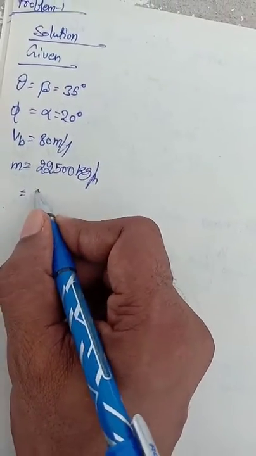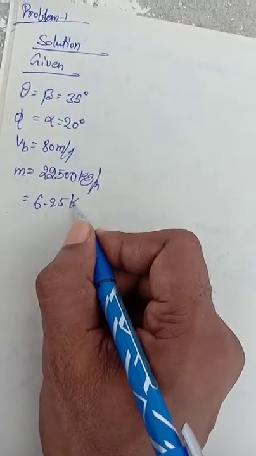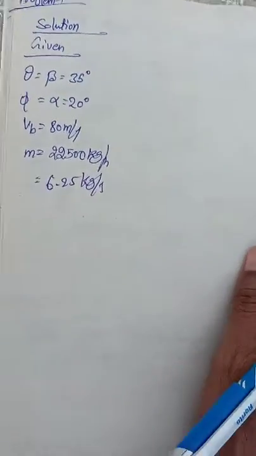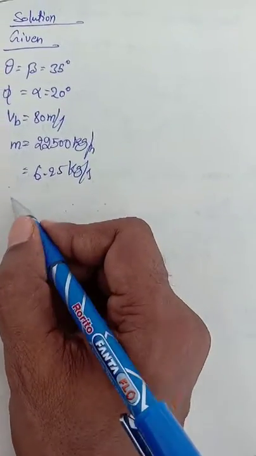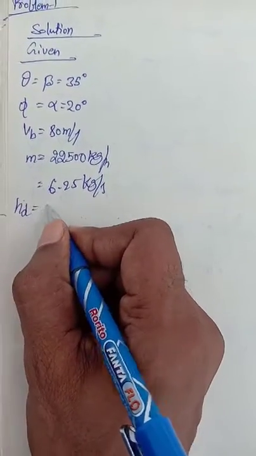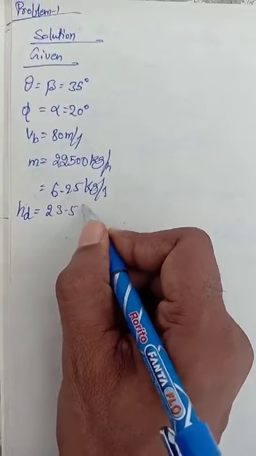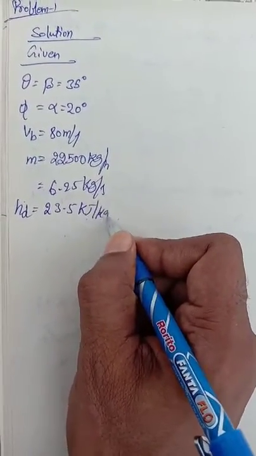So then we convert into kg per second, we get 6.25. The heat drop HD is equal to 23.5 kilojoules per kg.